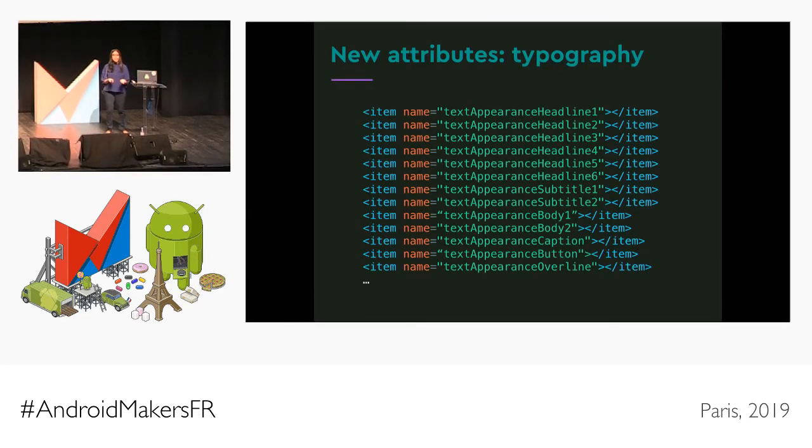So if your designer reads the material design documentation, which hopefully all our designers do, and comes to you and says, hey, I want all of the toolbar text to be headline 6, you can now just use text appearance headline 6. What a concept. What you see now in the documentation is just readily available to you.